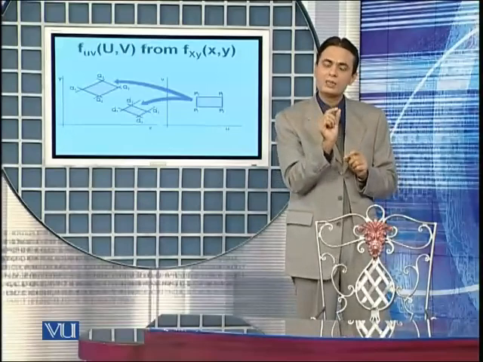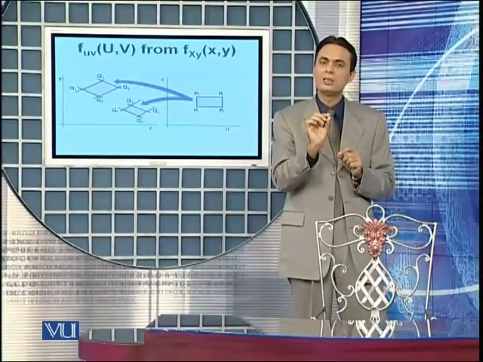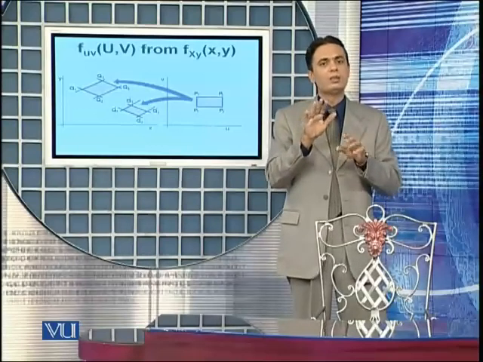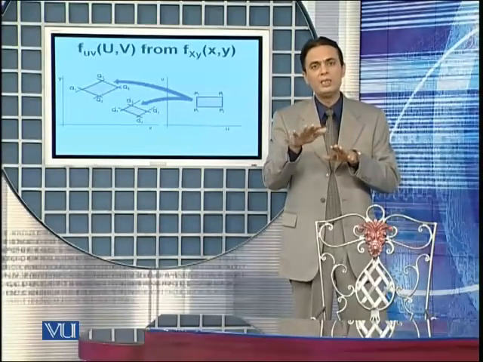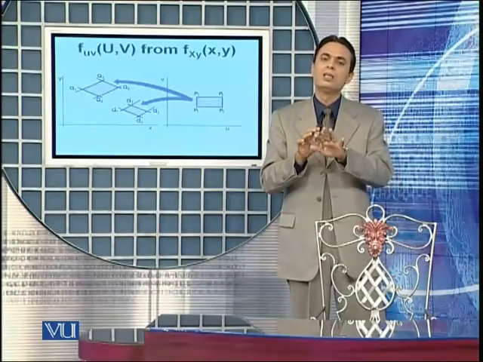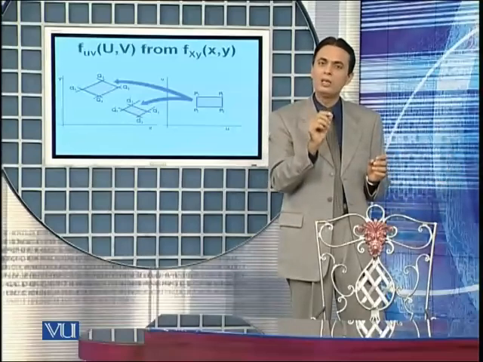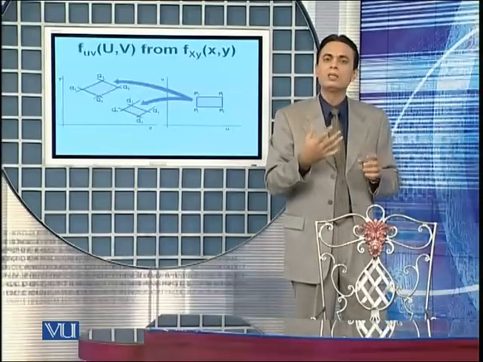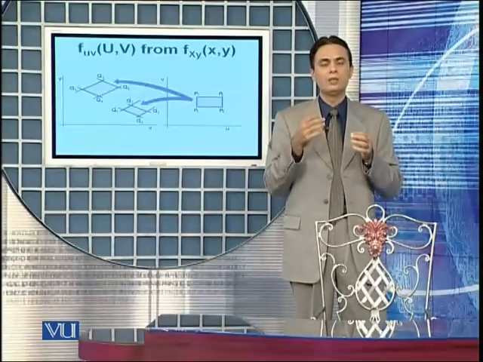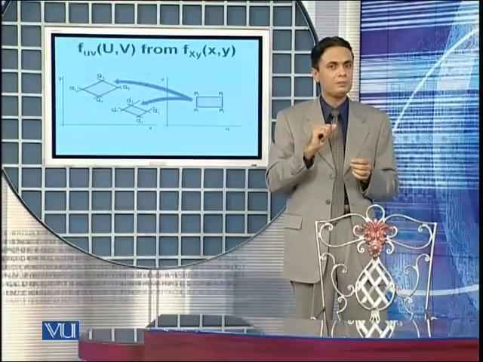If you take a small region in the XY plane, so small that the joint PDF of X and Y remains flat over that region, then the mapped region in the UV plane also is small, and you can again assume that the joint PDF of U and V over that region remains flat.